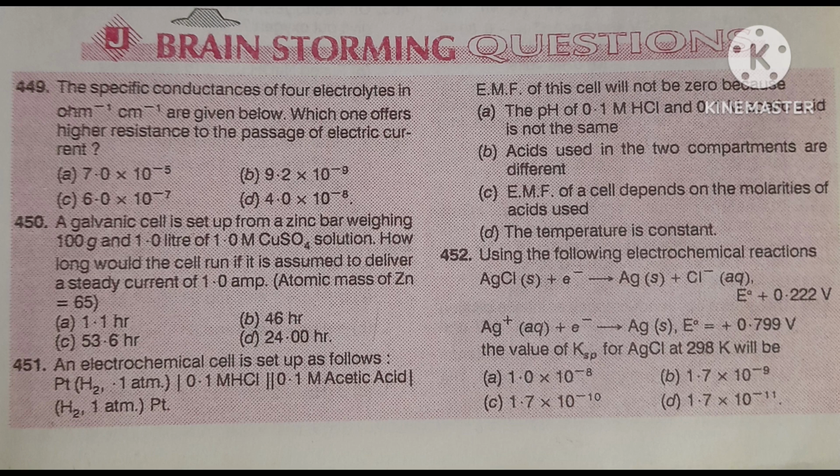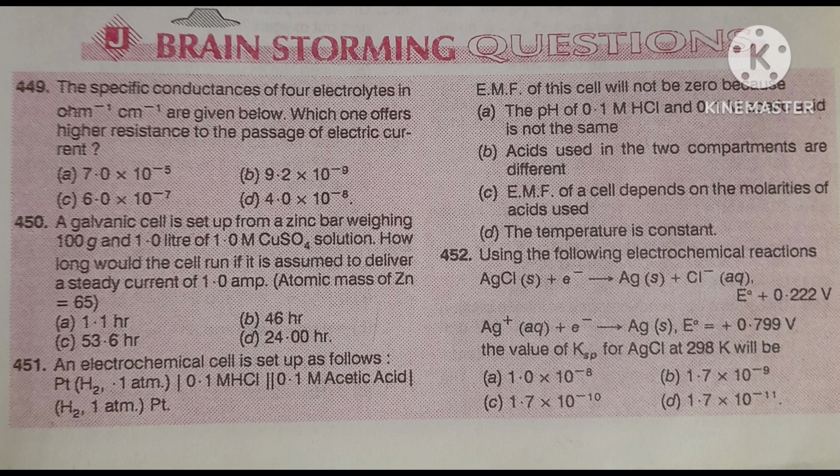Here you have to understand the question first. You have to calculate KSP. It is based on solubility product, because this numerical is based on solubility product. You have to calculate the solubility product of AgCl at 298 Kelvin. For this purpose, two reactions are given.